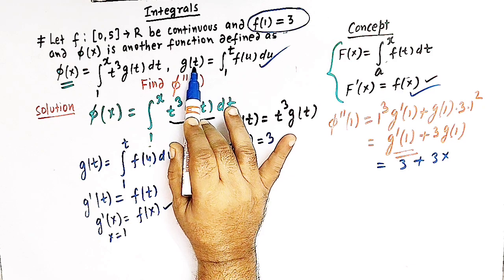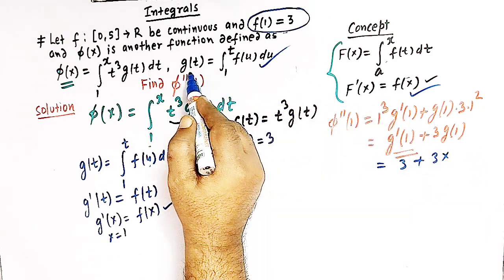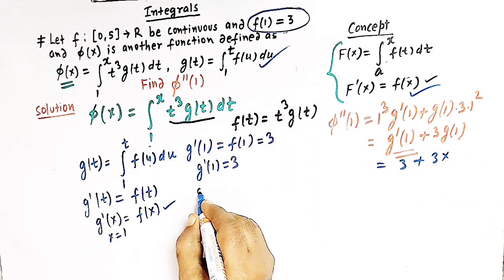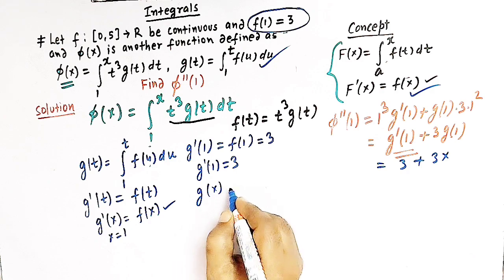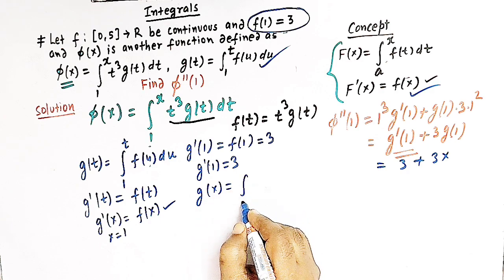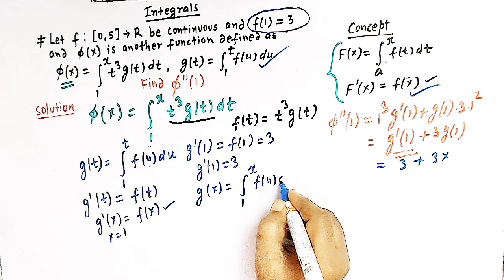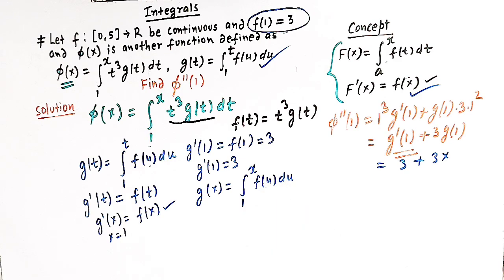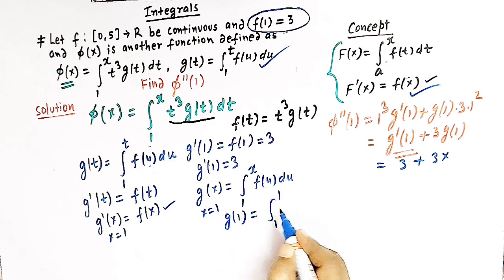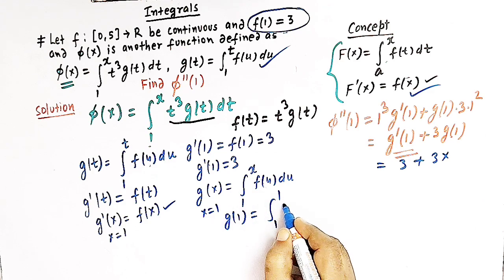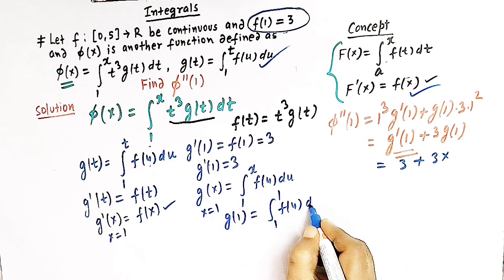Before replacing t by 1, we can also write this function as g of x is equal to the integral from 1 to x of f of u du. So replacing x by 1, we have g of 1 is equal to the integral from 1 to 1 of f of u du.